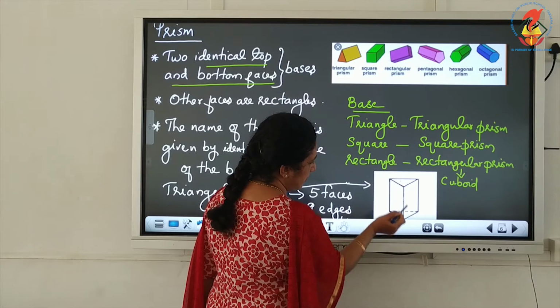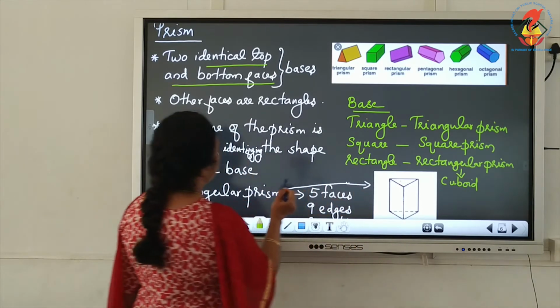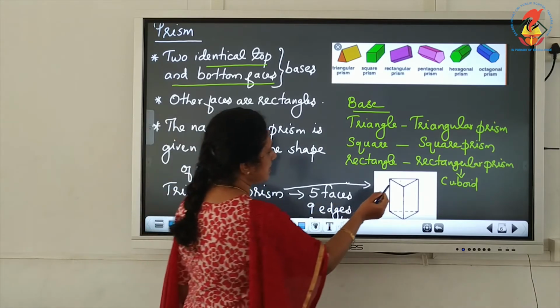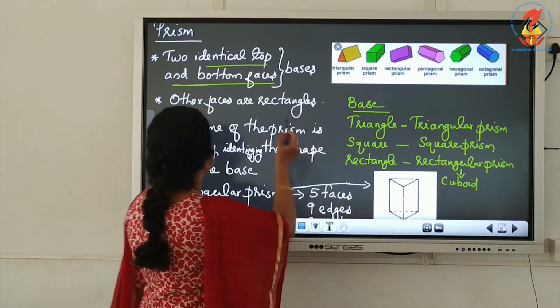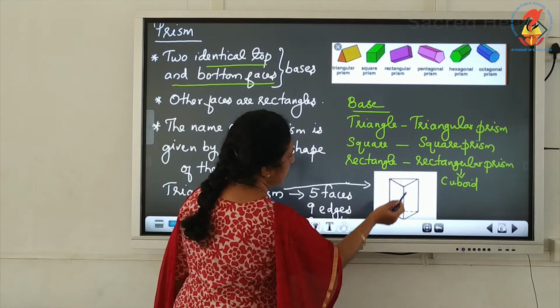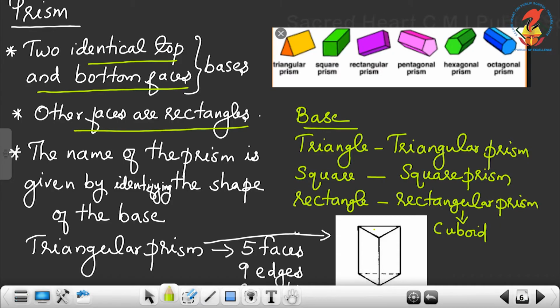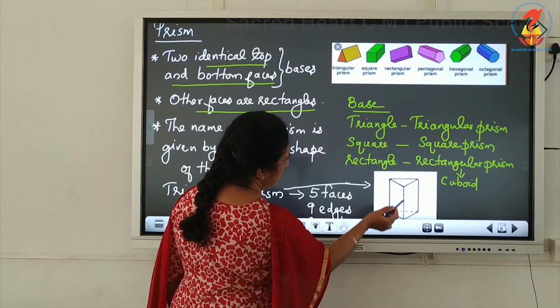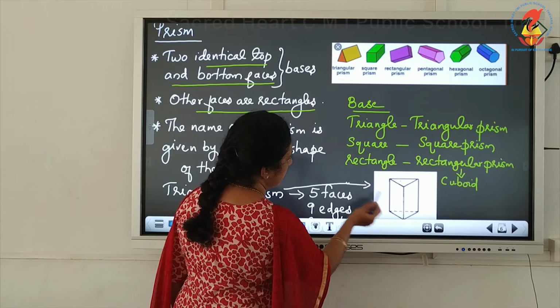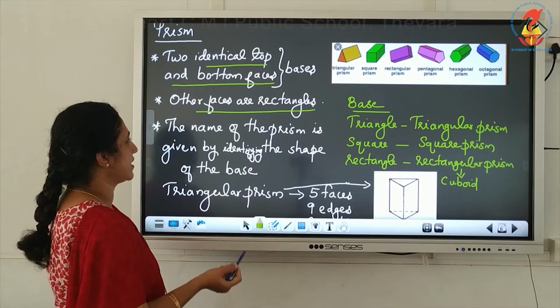The bottom face is triangular shape and the top face is also triangular shape, and we call them the bases. So the 2 identical top and bottom faces are known as the bases of the given solid. Then other faces are rectangles. What about the shape of the other faces? It is rectangular in nature.